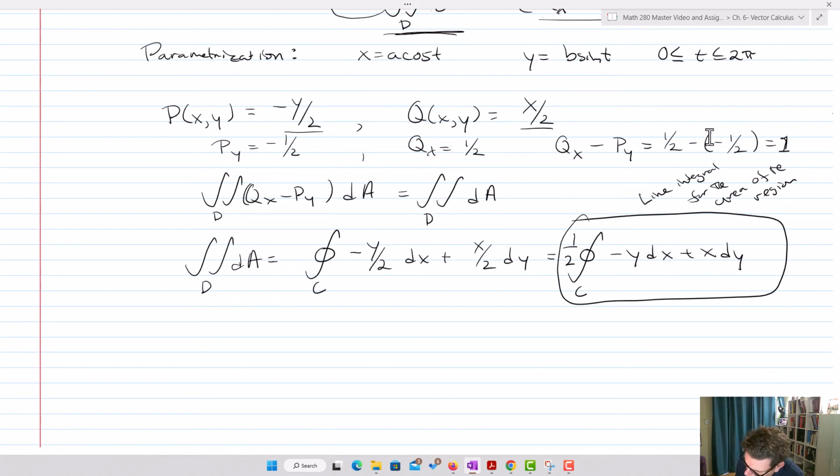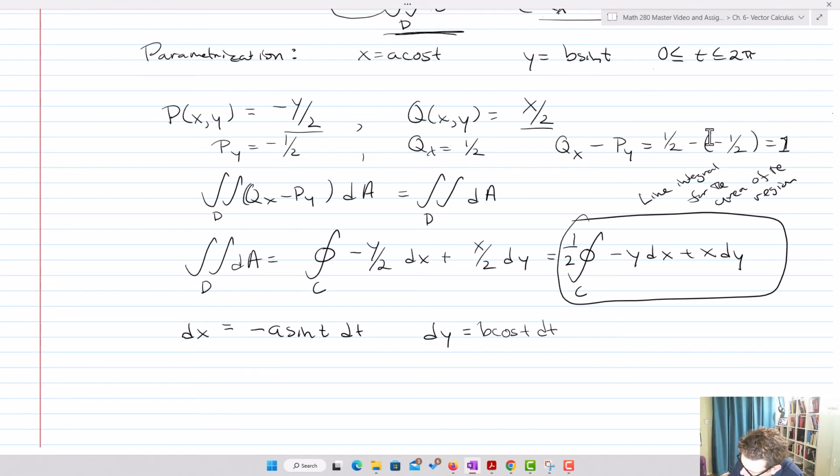So dx is going to equal negative a sine t dt, and dy is thus going to equal b cosine t dt.